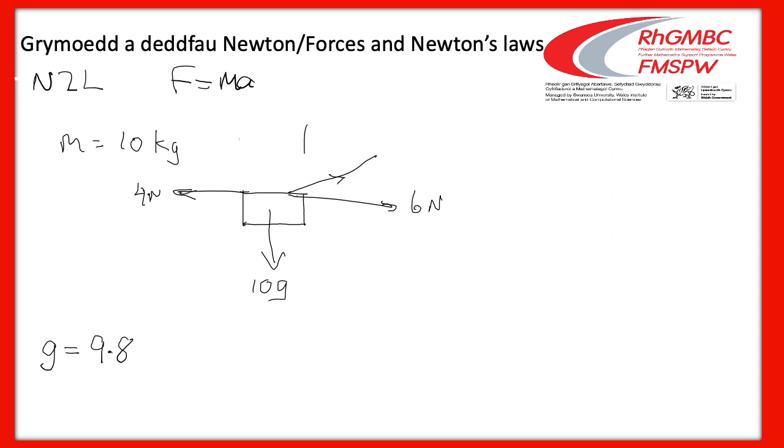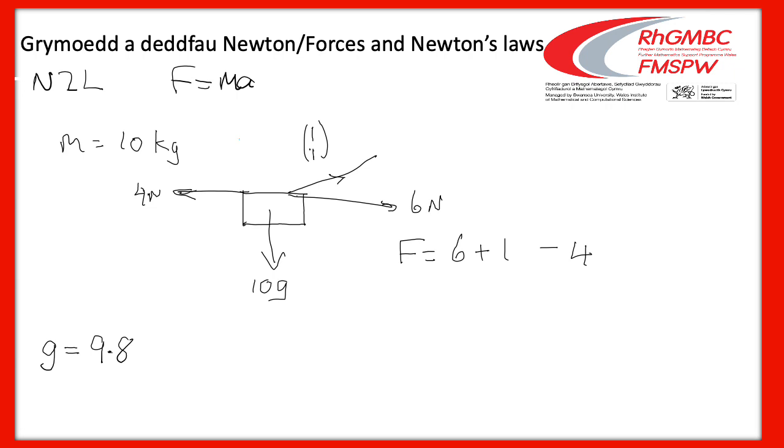And a further one. Now I'm going to chuck in a vector here, and you remember I used vectors earlier. You can see this one's acting at 45 degrees. Then my total forces acting overall are going to be 6 plus 1 in the forward direction minus 4. Because if it's got a mass of 10 kilograms, a force of 1 newton acting up isn't going to shift it much.